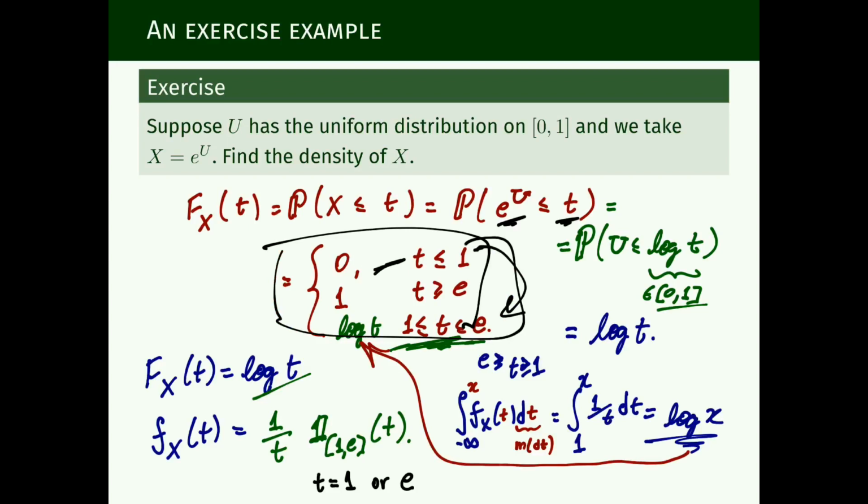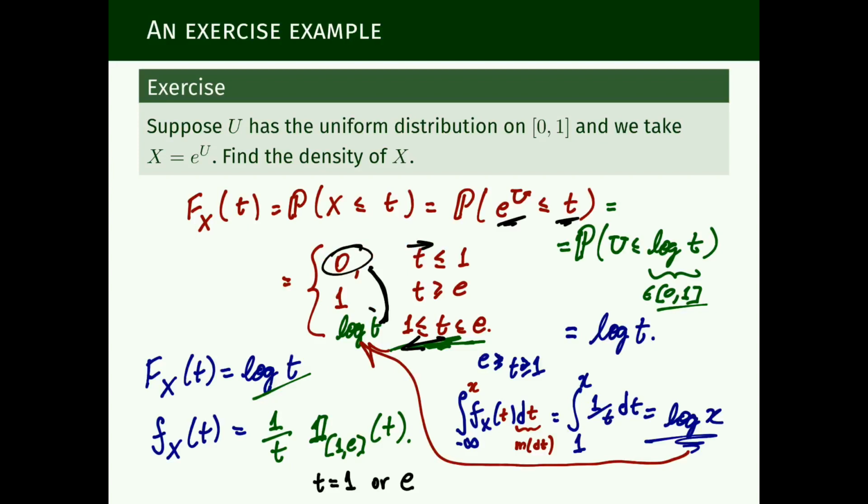When t is below 1 and then it reaches 1, these two expressions are in disagreement. This function is continuous indeed, because if t approaches 1 from above or from below, we get the same value of 0, but it's not differentiable. It looks very much like this. This is not differentiable, and then here it's not differentiable again. So it looks like this, and this is just a piece of the logarithm.